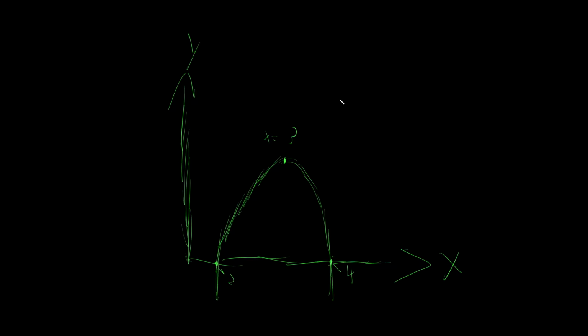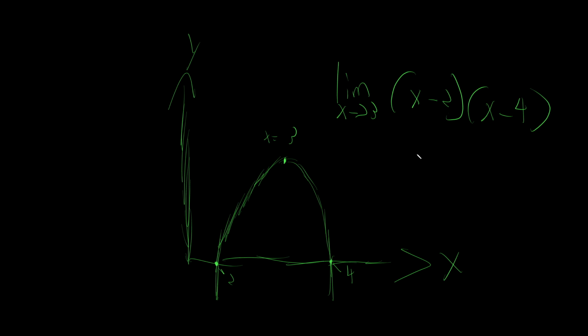The limit as x approaches 3 of (x minus 2) times (x minus 4). In cases like these, you can most of the time just plug in the number because that'll give you the value it's approaching, right?